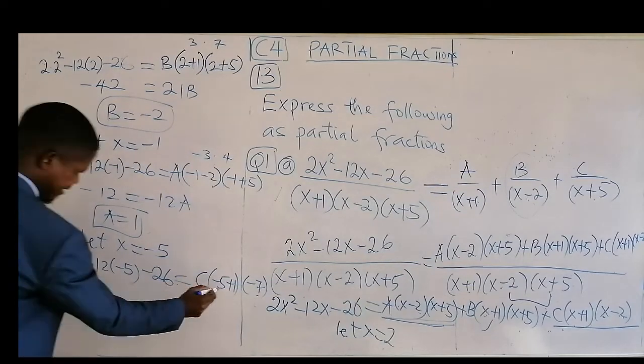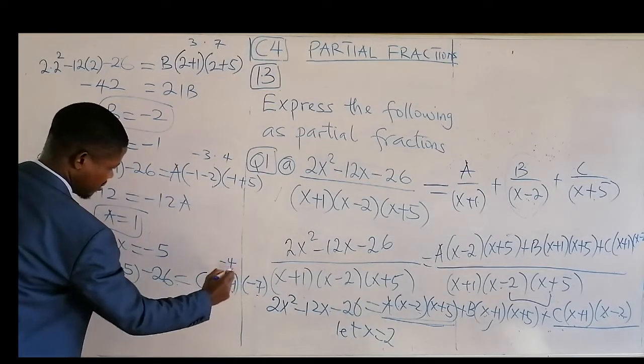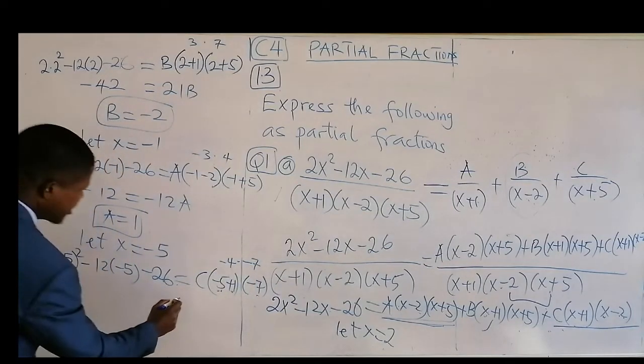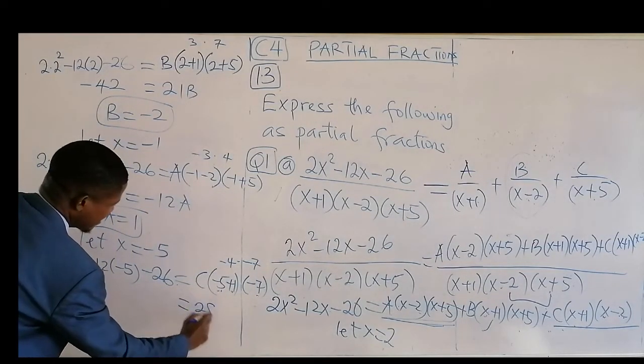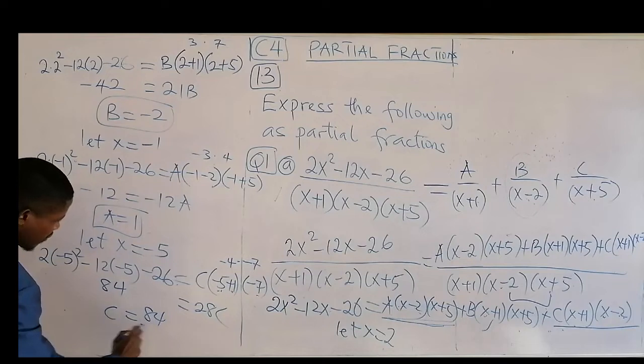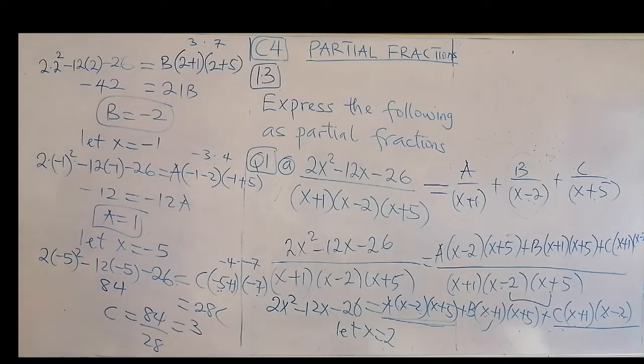So this one will give me minus 4 times minus 7, so that will be 28C for that side. So this will give me 84. So C is 84 over 28, which is 3. So that's what we have gotten for this question.